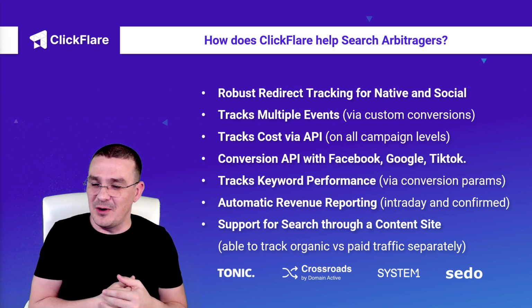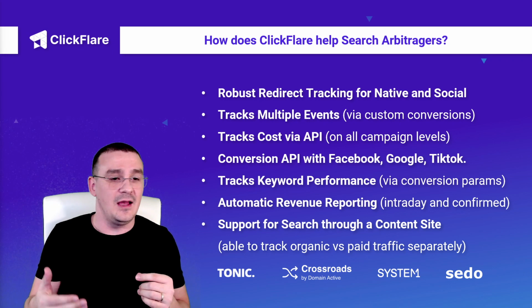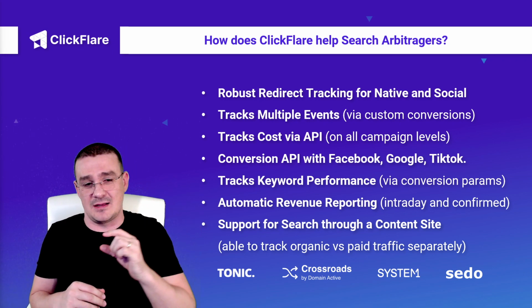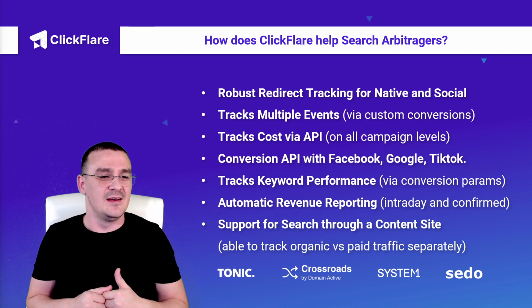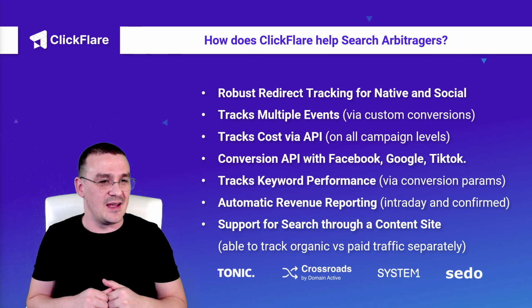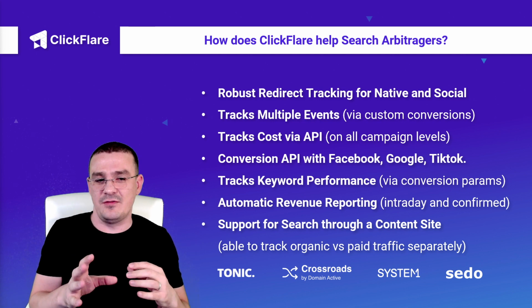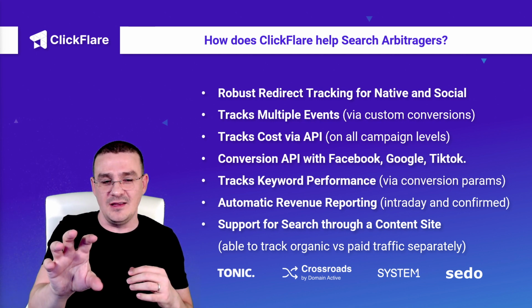And the interesting thing about it is that you can even track organic traffic separately and paid traffic or a specific campaign separately. Because of the way the ClickFlare pixel works, it allows you to do something like, okay, I have this page, and whoever comes from organic traffic will fall to this default campaign URL or campaign ID.